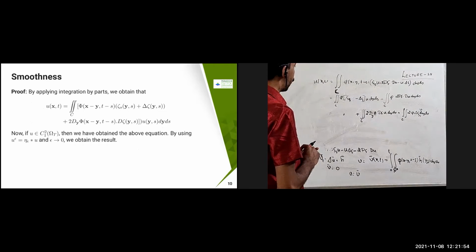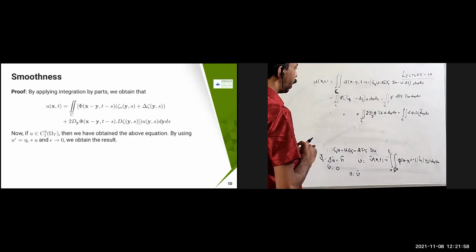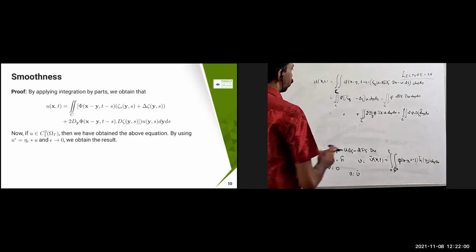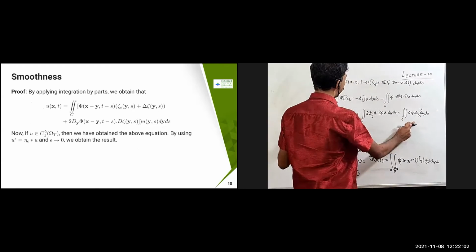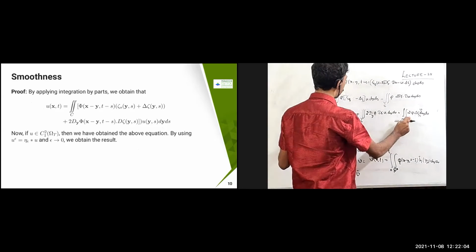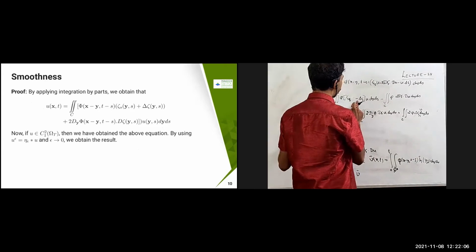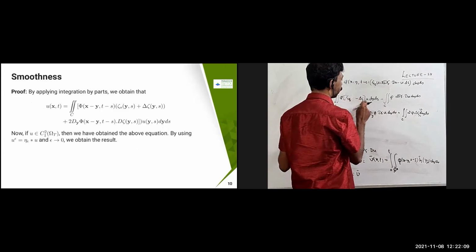There is a dy term and del psi is there. So here one term is 2 pi del psi u dy ds. Here minus del psi pi into minus del psi into u is there.